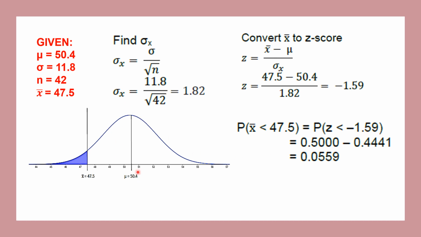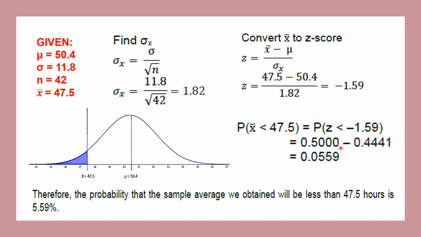We subtract because it does not pass through the mean. The corresponding area of 1.59 is 0.4441. And the difference between them is 0.0559, which is equivalent to 5.59%. Therefore, we can conclude that the probability that the sample average we obtain will be less than 47.5 hours is 5.59%.